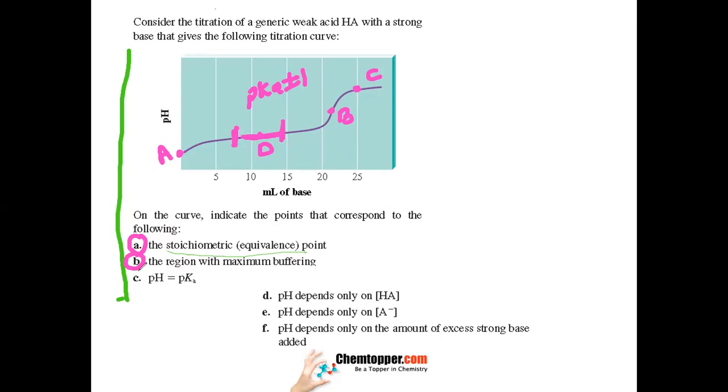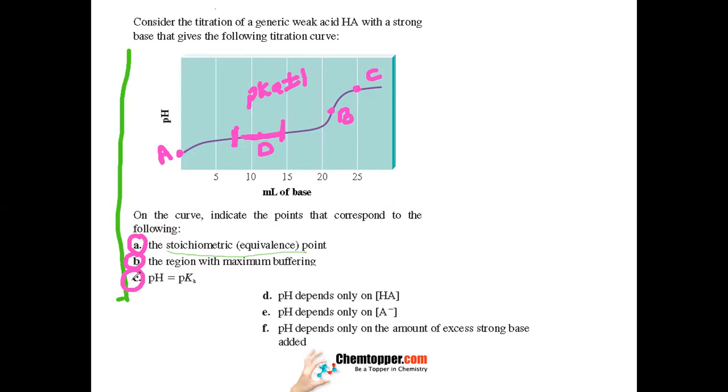And C point. Where you have pH equals pKa, which is also called the half equivalence point, because half of the acid is neutralized. So you have the millimoles of the acid and its conjugate equal.